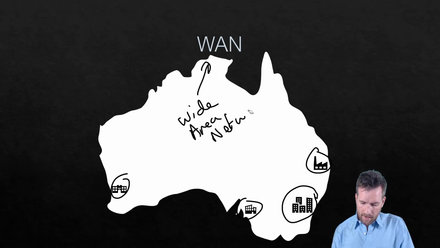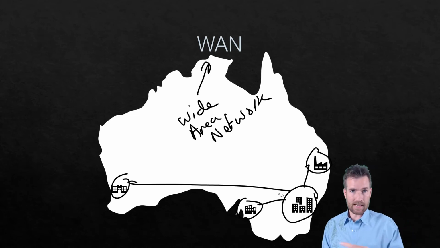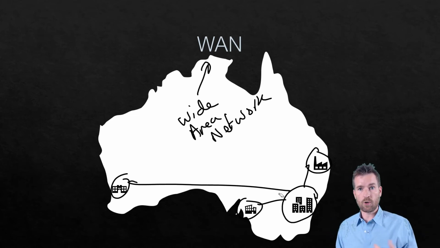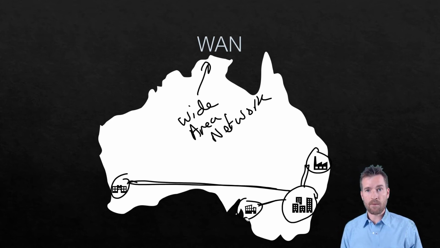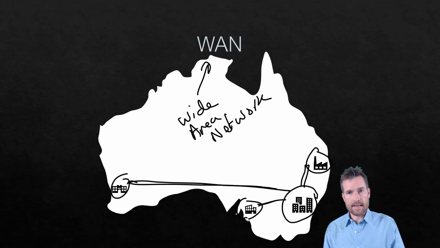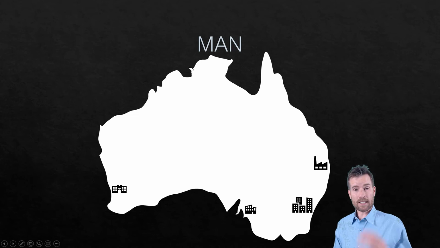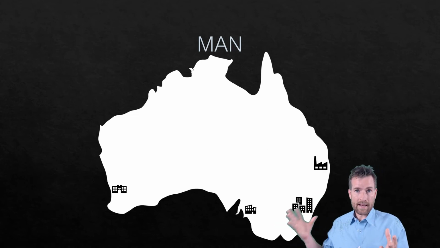A wide area network just links multiple local area networks together to create one larger wide area network. So we're talking about longer distances, a bigger area. WAN, wide area network.